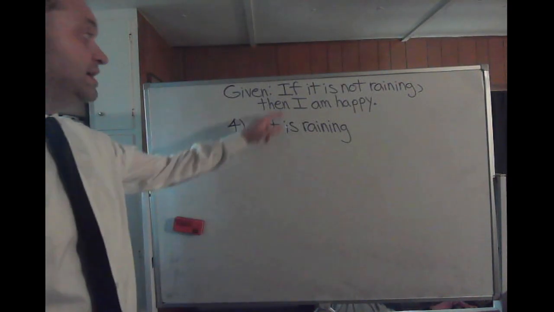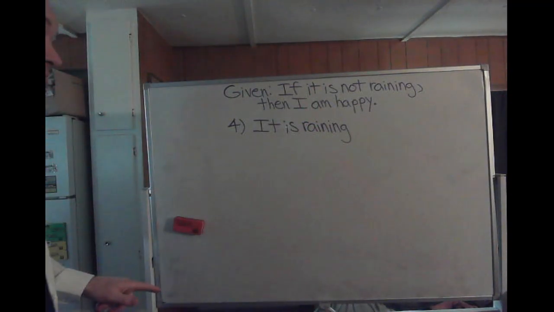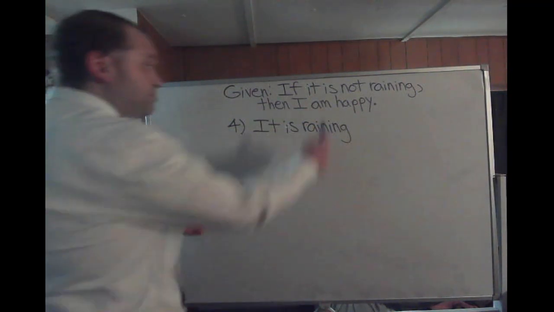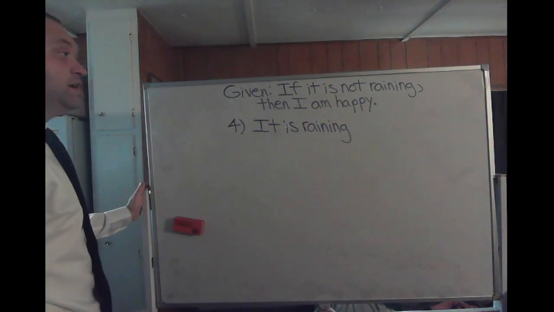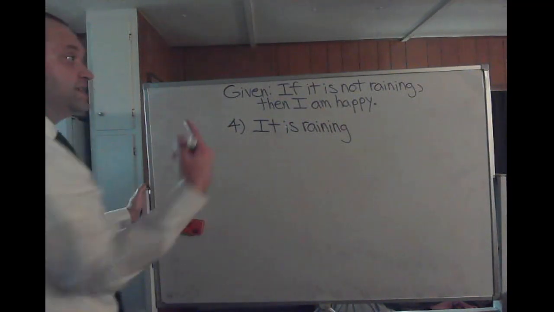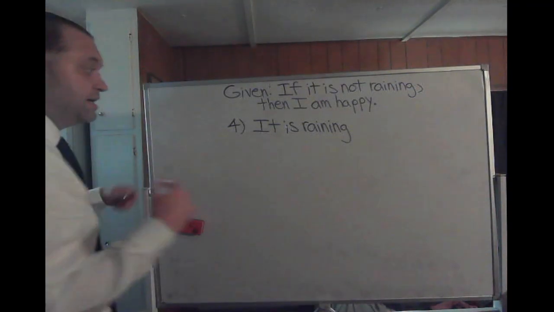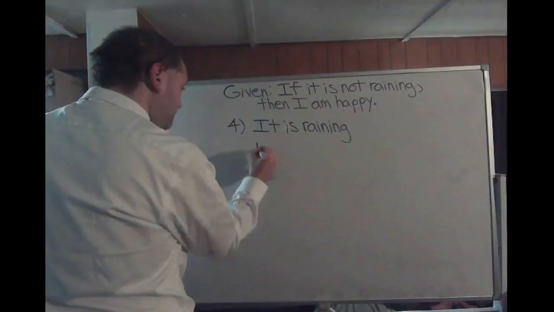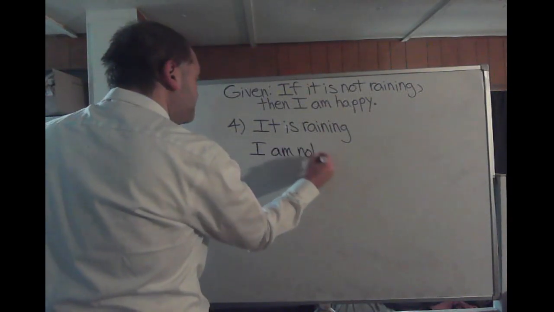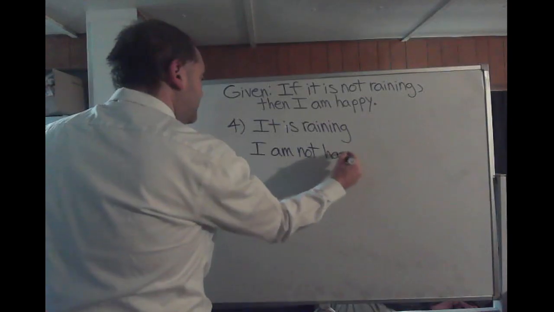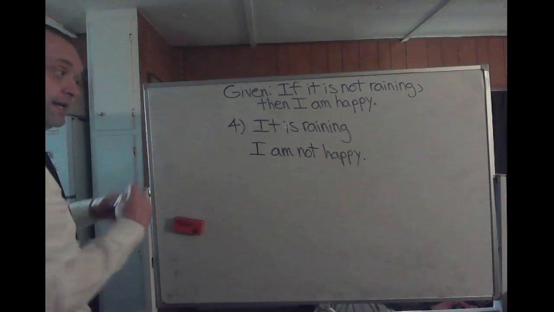Well, they give you in the original, if it is not raining, then I am happy. We have something we can base off the hypothesis now. We have a conclusion we can reach. What we're really given in the sentence is the inverse, which would be, if it is raining, then I'm not happy. So the conclusion we can reach is, I am not happy because it's raining. The conclusion we can reach is, I am not happy.